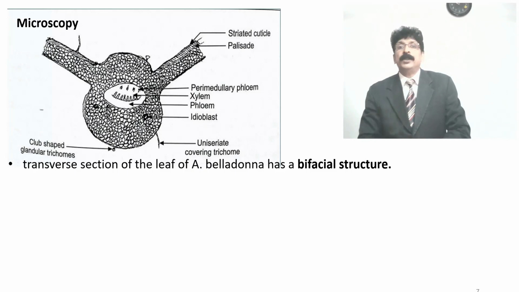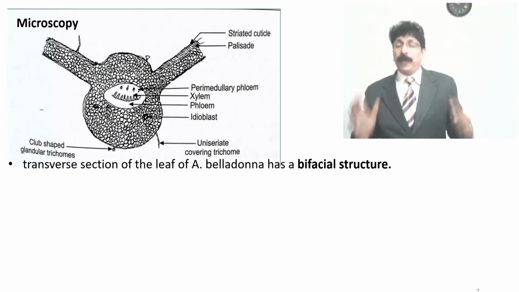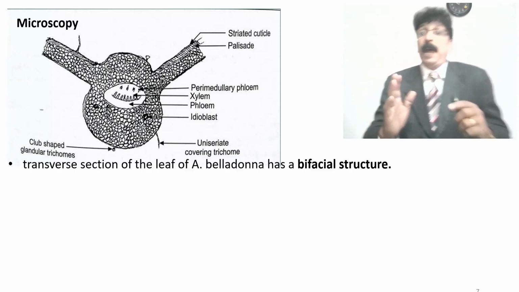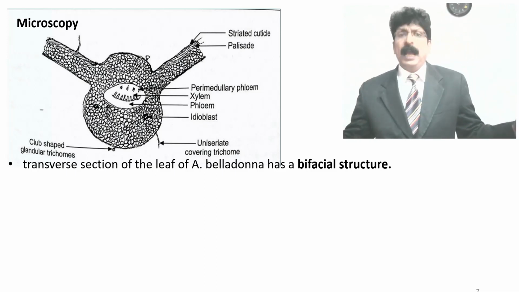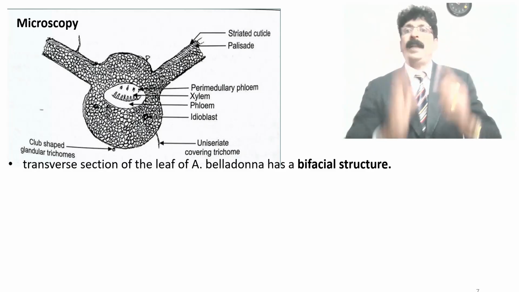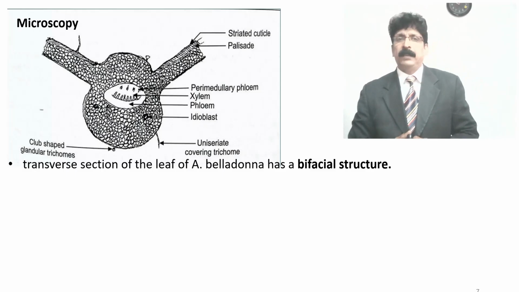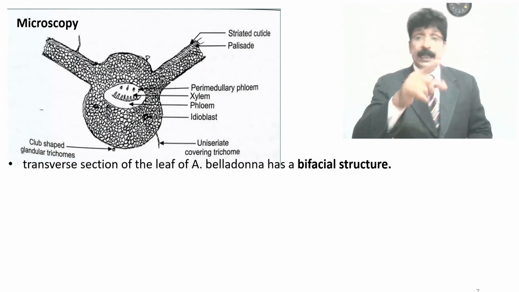So this is one thing which you should remember. When you are writing about a leaf, the student should be able to know that there will be the lamina, the leaf area, and the midrib region, the main vein, round shape, convex, and there will be concave also in some leaves, but here it is convex on both sides.